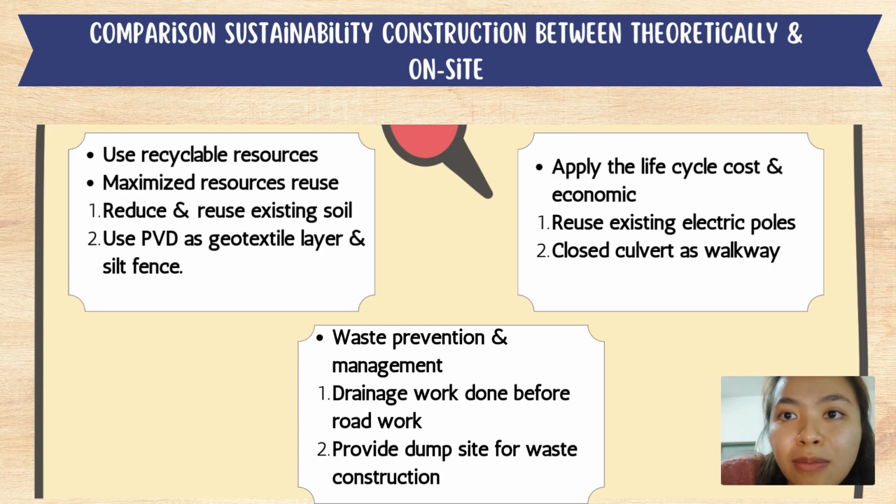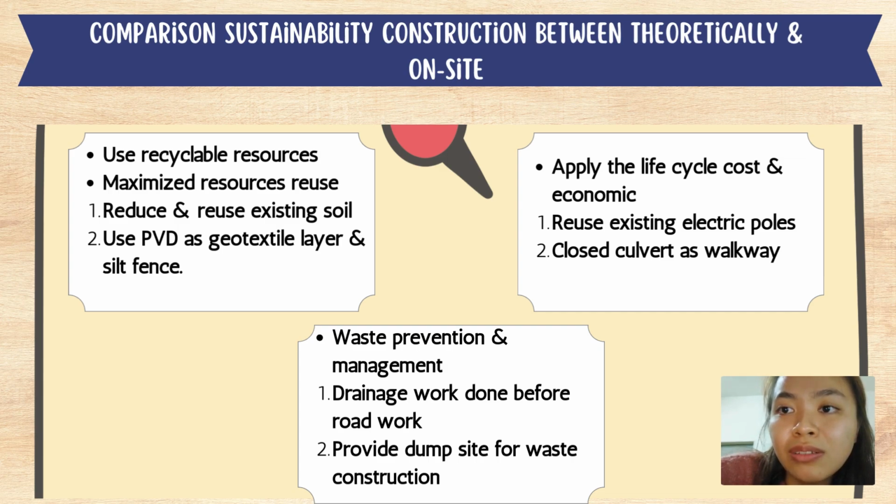For the comparison of sustainable construction between theory and on-site, as we can see, number one, theoretically, use recyclable resources and maximize resource reuse. For example, on-site we reduce and reuse existing soil and use PVD, geotextile layer, and silt fence.